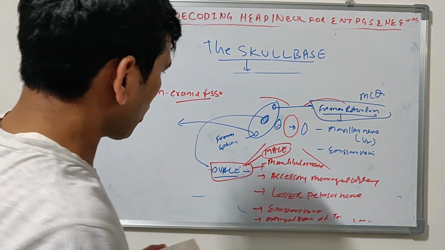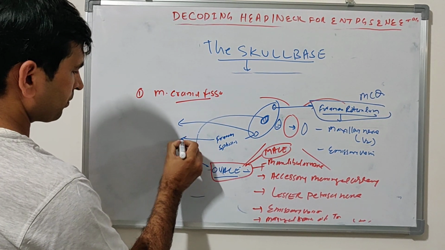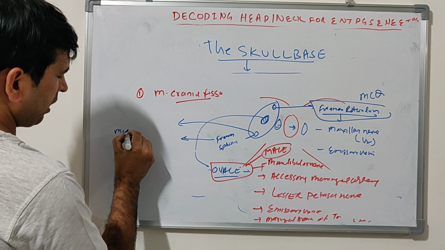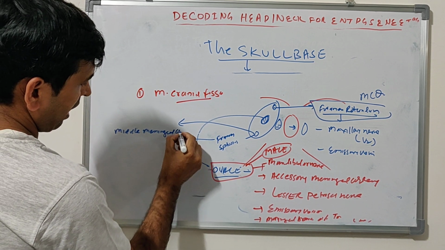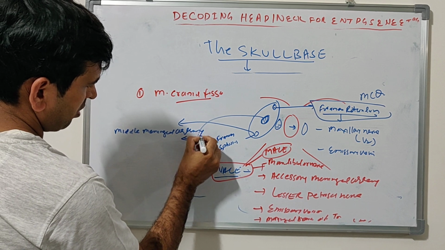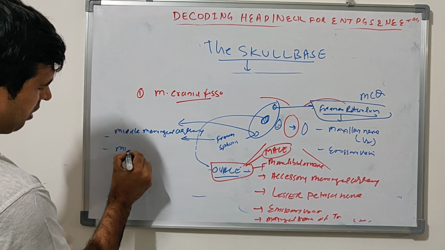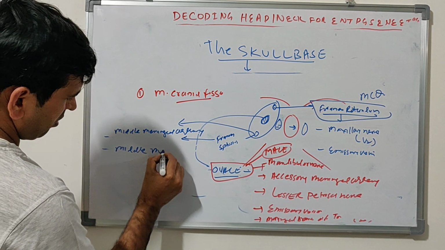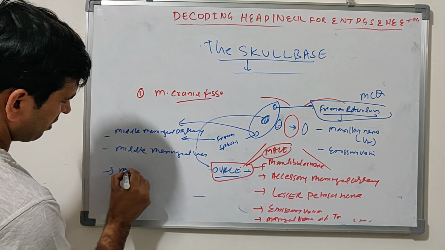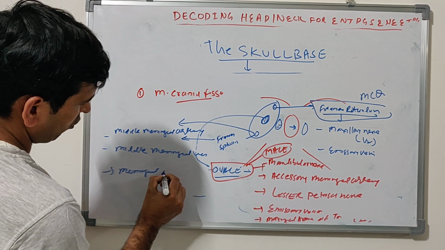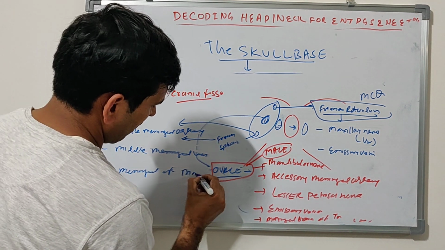The structures passing through foramen spinosum are the middle meningeal artery, middle meningeal vein, and the meningeal branch of the mandibular nerve.